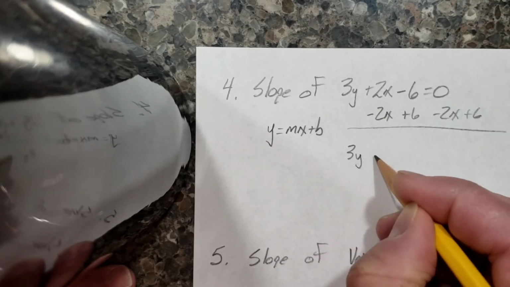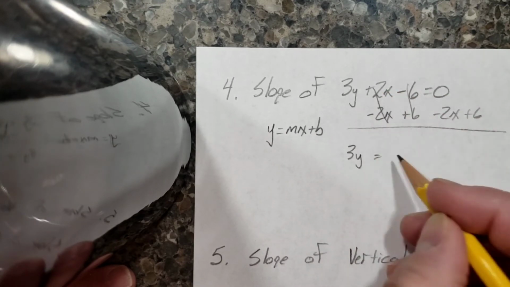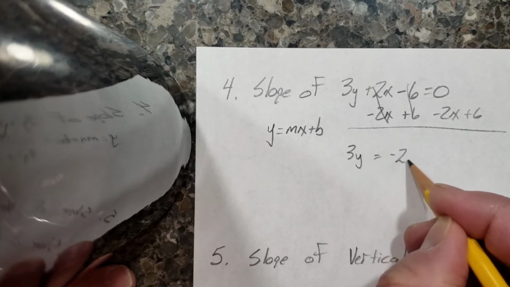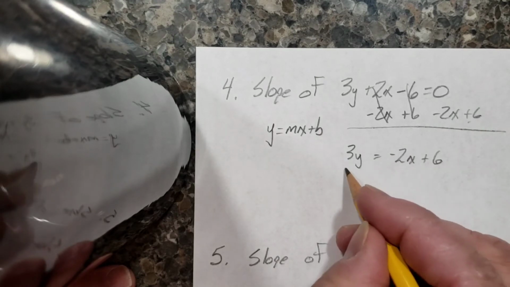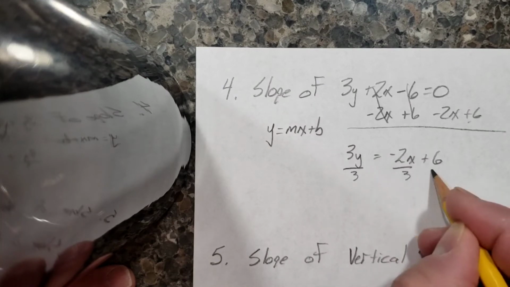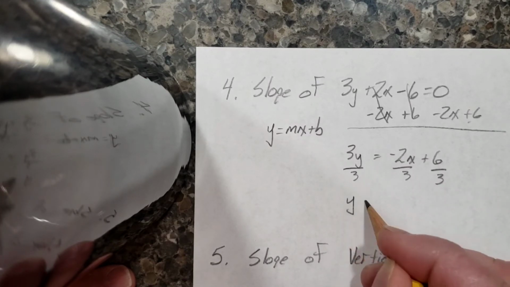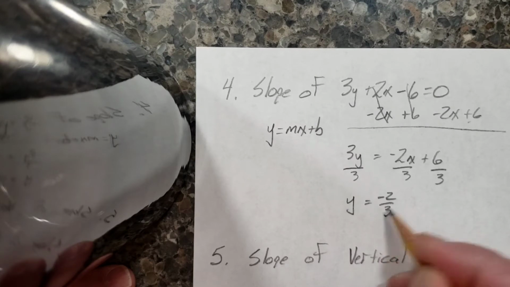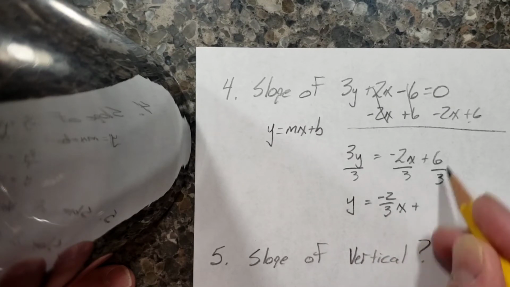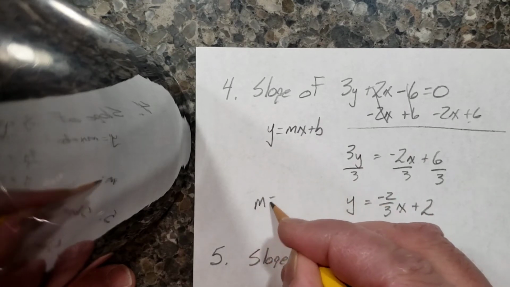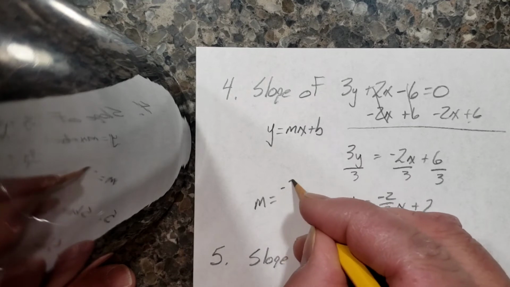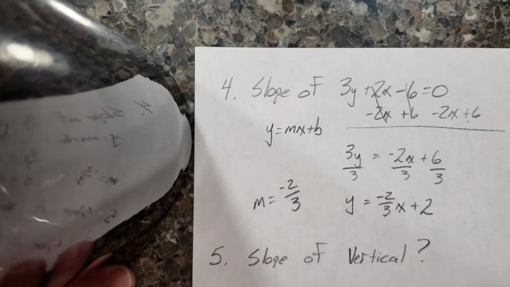We get 3y equals, these cancel, -2x plus 6. Last step, divide everything by 3. Y equals -2 over 3x plus 6 divided by 3 is 2. So that gives you a slope of, here's your number right there, -2 over 3.